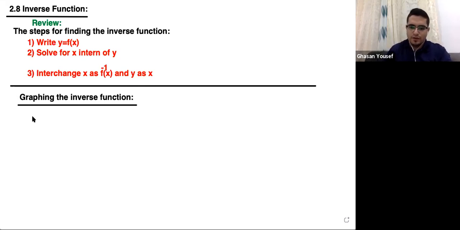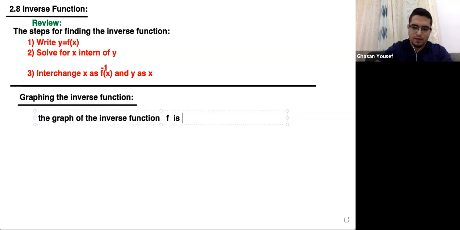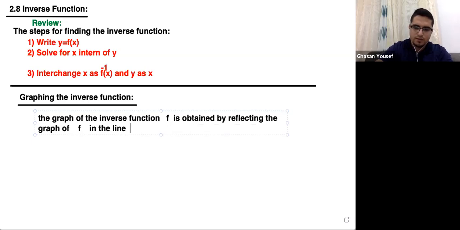Before that, I'm going to give a review here. The graph of the inverse function, I mean f inverse of x, is obtained by reflecting the original graph of f in the line y equal x.